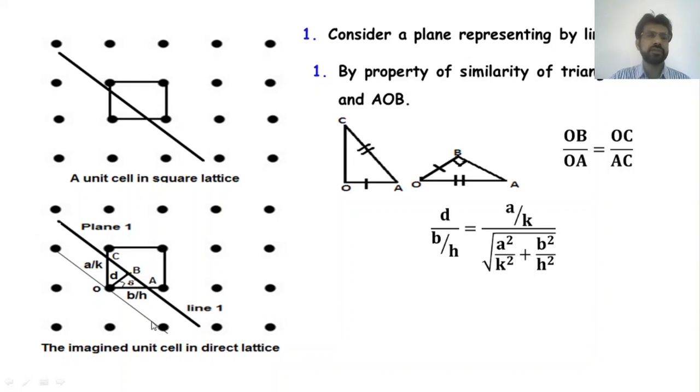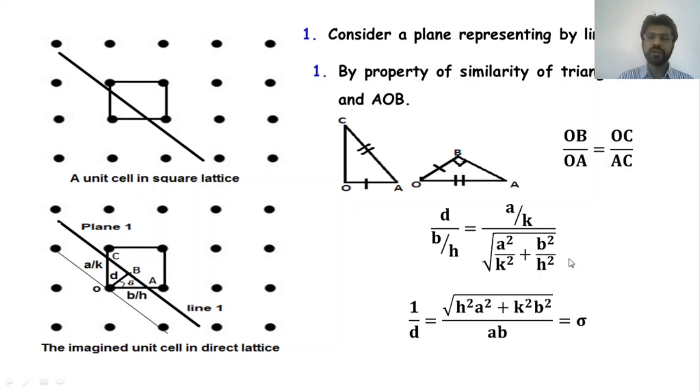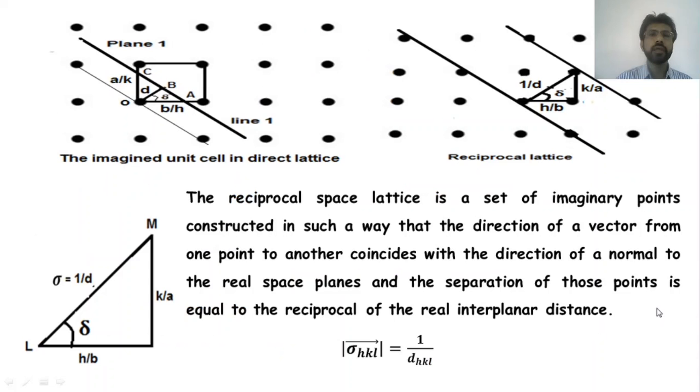Taking the intercepts corresponding to the x and y axes and substituting these values, we get this relation. Solving this, you will get 1 upon d equal to the square root of h squared a squared plus k squared b squared, divided by AB, and this is equal to sigma. Therefore, this sigma gives the magnitude of the reciprocal lattice vector.